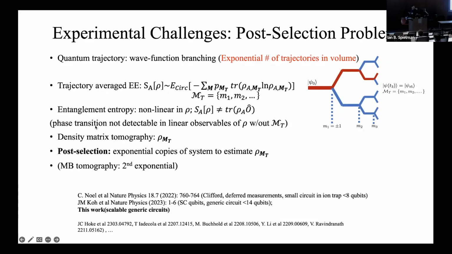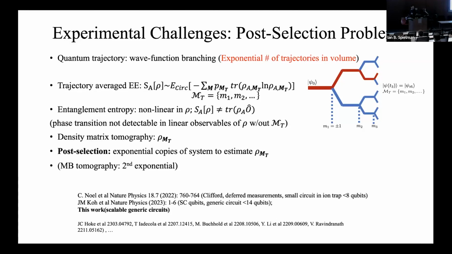So if we really want to measure this quantity, the only thing we can do is to generate the density matrix conditioned on the quantum trajectory, conditioned on the trajectories of the system.